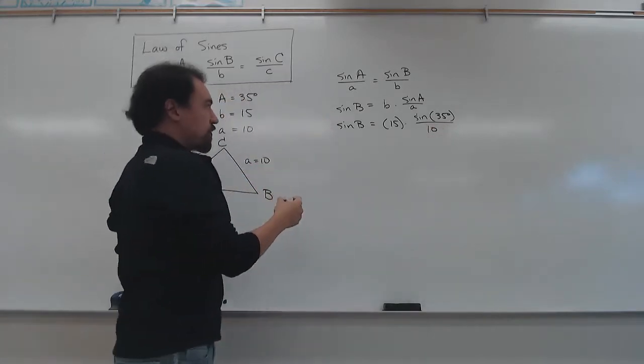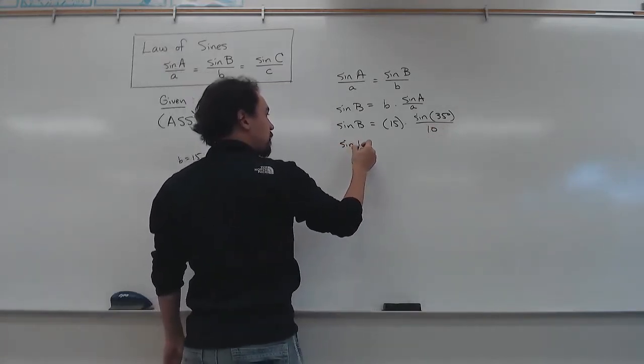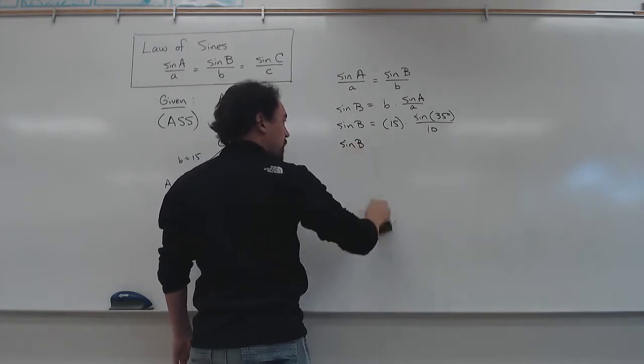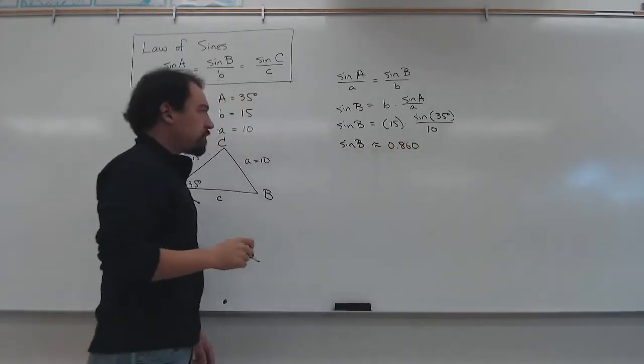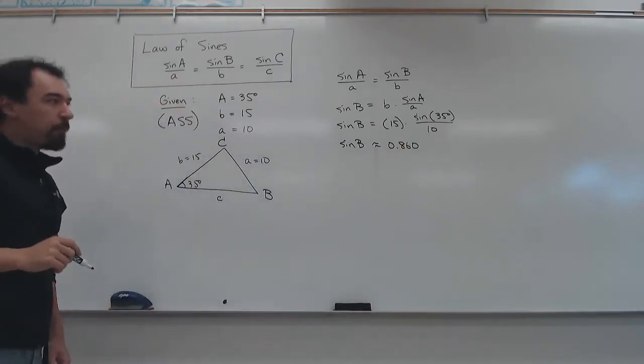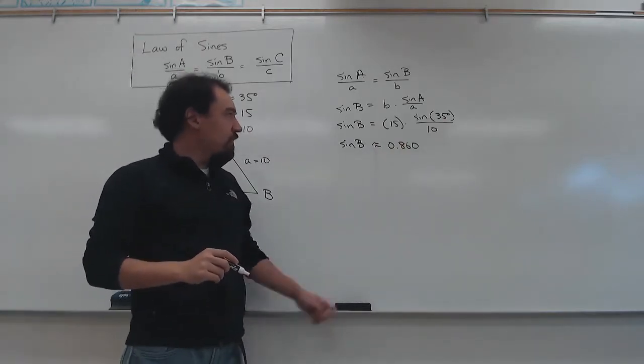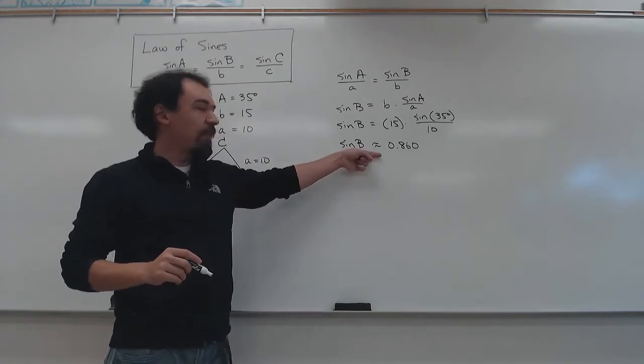We can punch that into a calculator and we'll get that sine of B is approximately equal to 0.860.